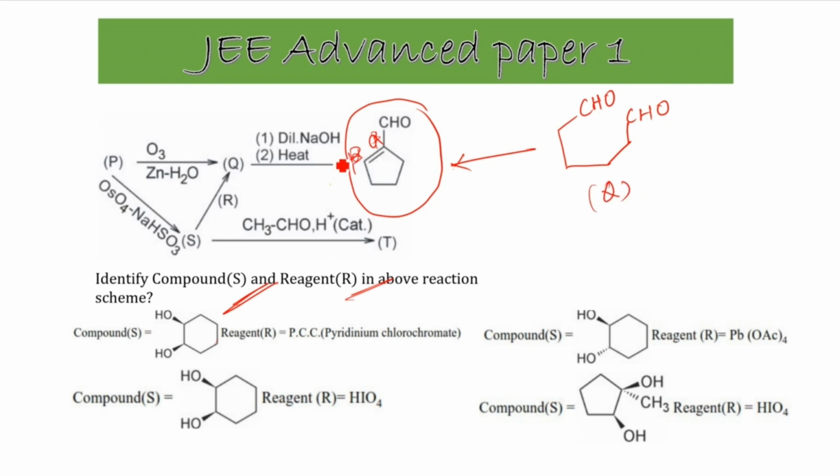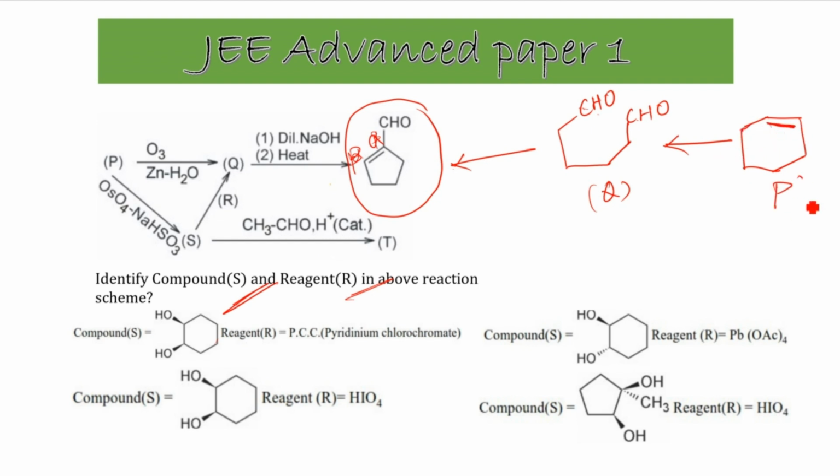So this is our Q. And Q is formed from ozonolysis of P. So I'm doing reverse. There must be a bond over here between two CHO groups that must be broken to form Q. So I am having a structure like this with a double bond.